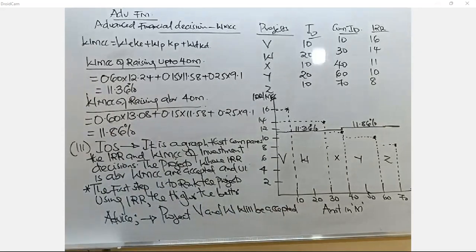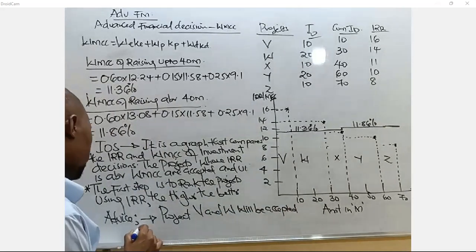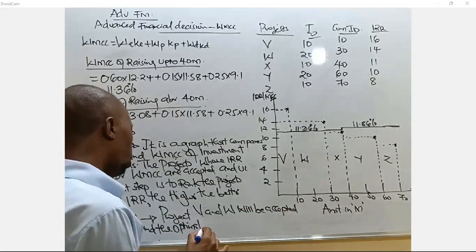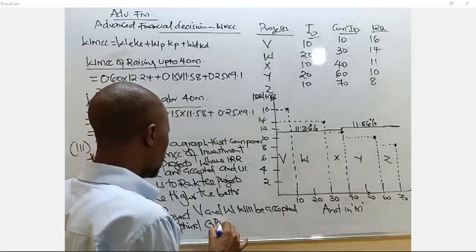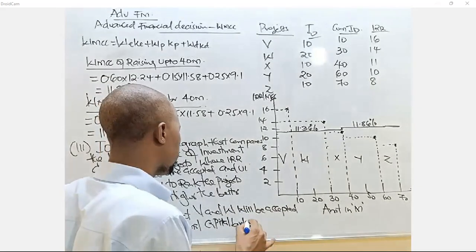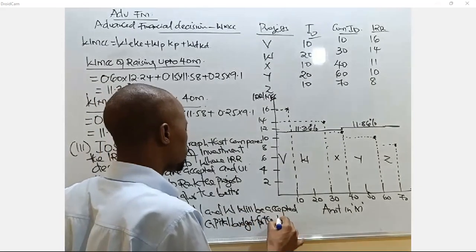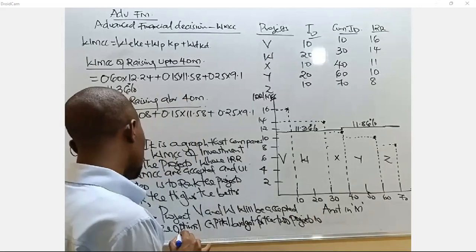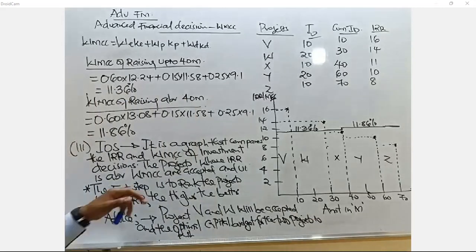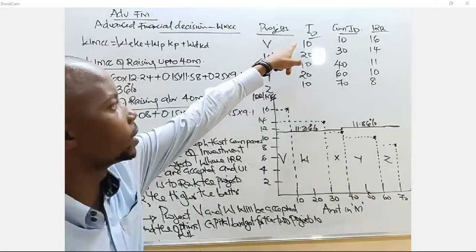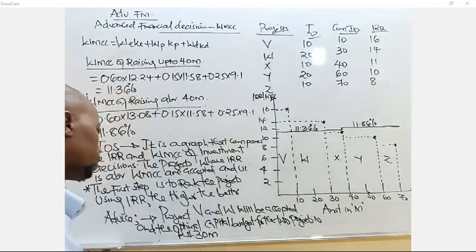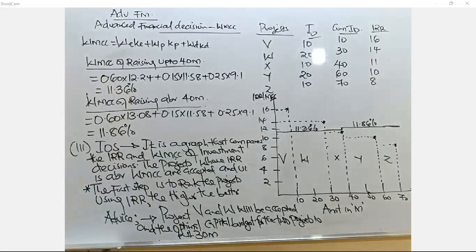And then you look at the optimal capital budget for the two projects, in Kenya shillings. How much do we require for the two projects? The initial investment required for the combination of the two, which you can get, is 30 million. That is the amount required to undertake the accepted projects, 30 million.